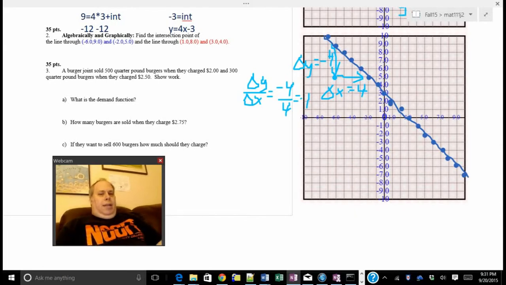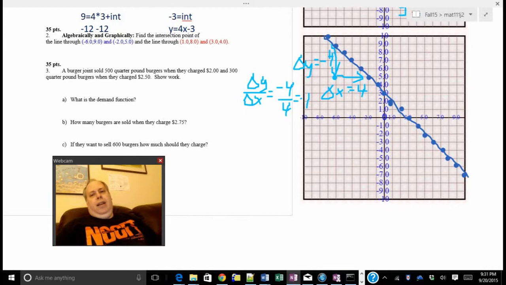So the next step, and this is all work: you need to do all of the light blue stuff and the dark blue stuff and so on. You can't just draw the line. You got to show me how you got the line and how you got the slope, and there's the intercept. That will help check graphically.